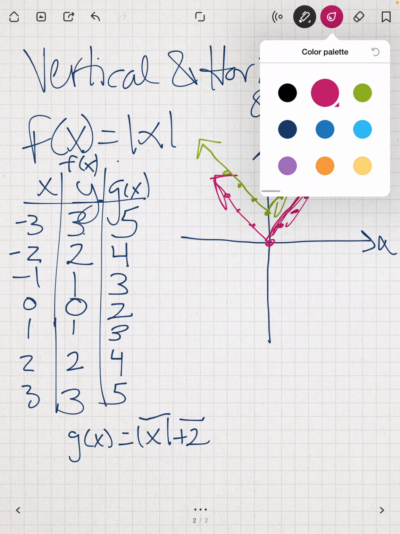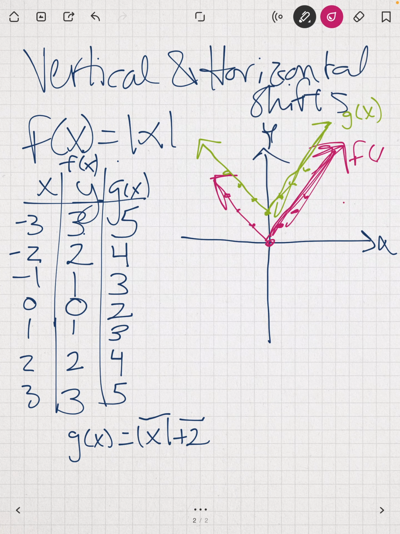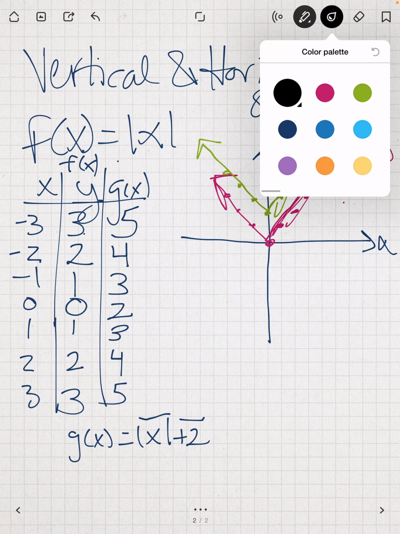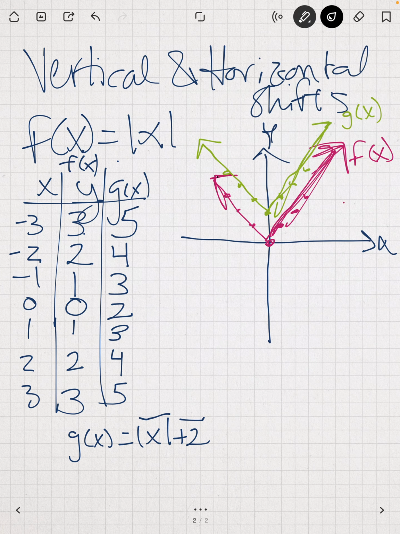And let me go back and write, this is our f of x. If you want to visually see that increase, from this point up to that point, as is the case with all of them, is a distance of 2. So we can see when we add this 2 on the outside, we essentially move all of our points up 2 on the graph.